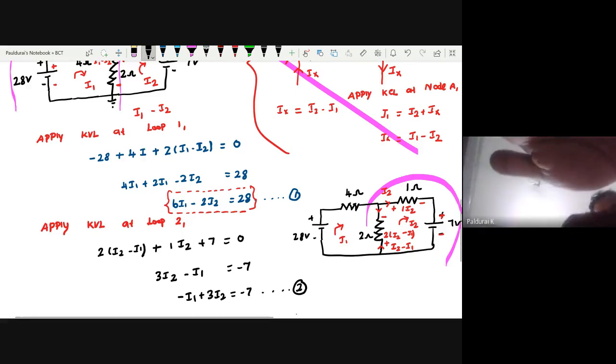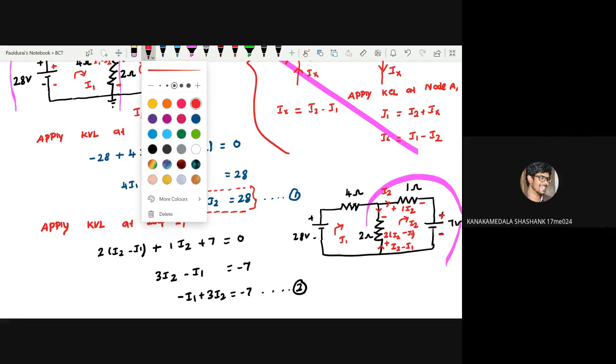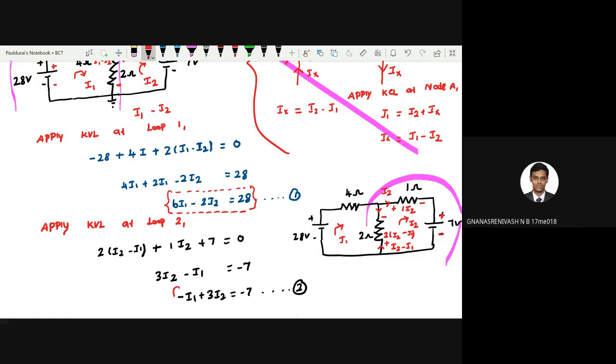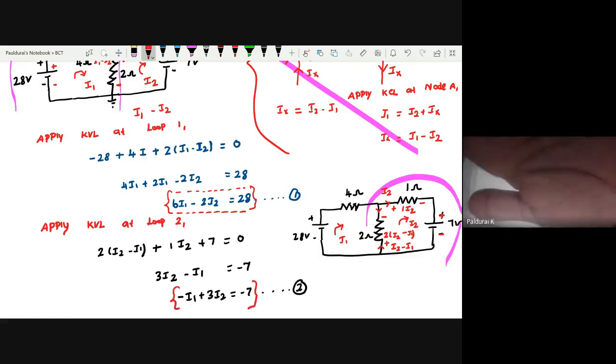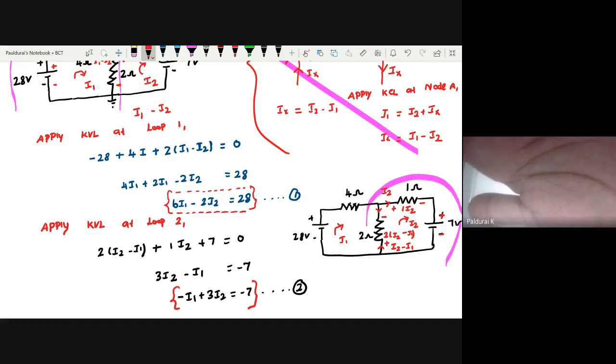Any doubt? Do you understand what I am doing? 3I2 minus 2I1. Sir, it is 3I2 minus 2I1, sir. Yeah, 2 minus 2I1, very good. Wait, I will change.